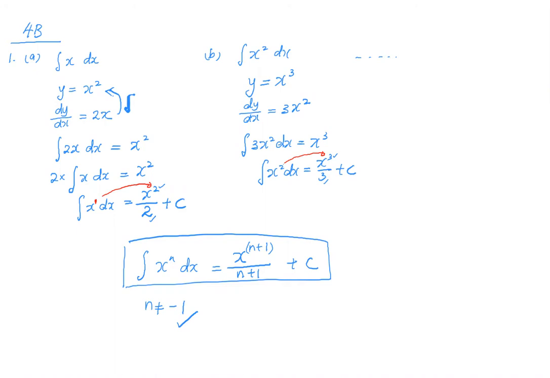So that is how you get part A. Next time, if I give you the integration of 5x to the power of 8, for example, what will the answer be? Power plus 1, divide by the new power. Done. Are you clear? That is how you apply this formula.